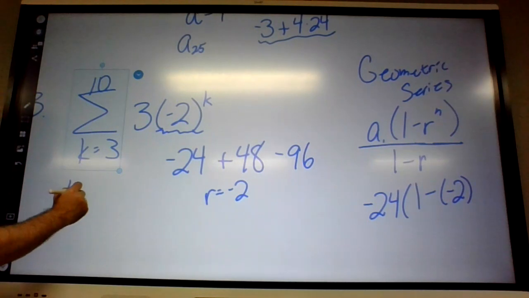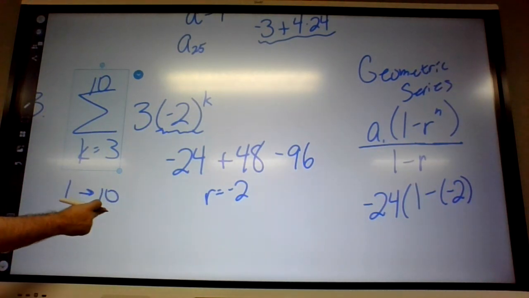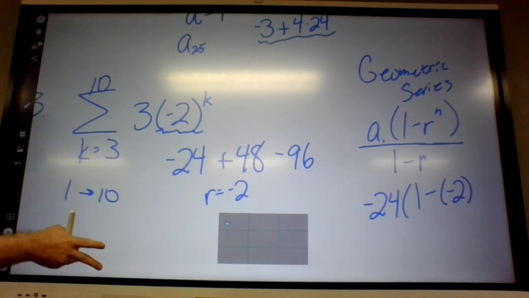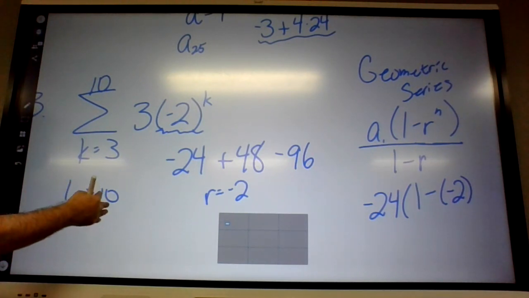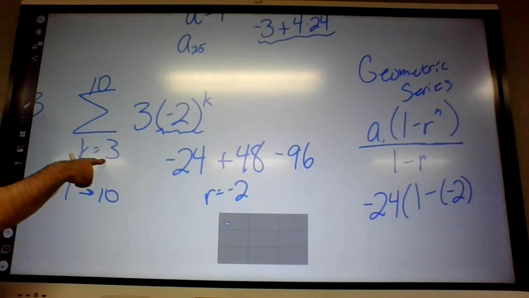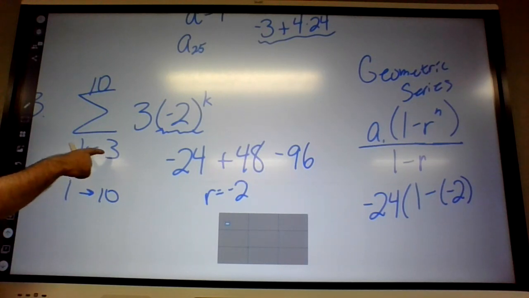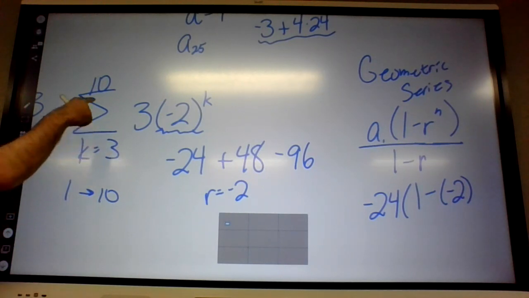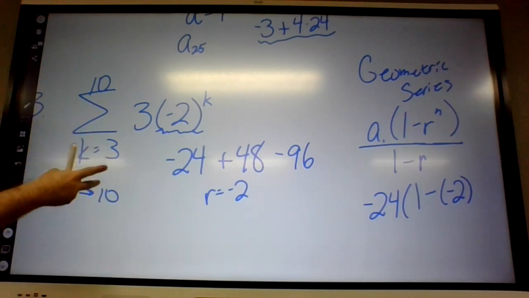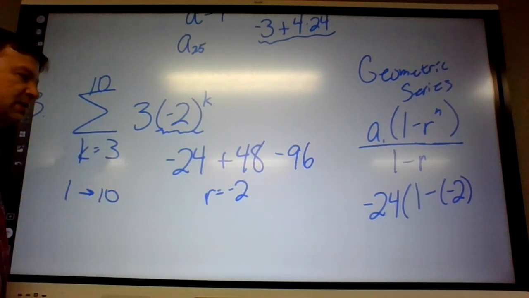Like if you're going from 1 to 10, that's not 9 terms, that's actually 10 terms: 1, 2, 3, 4, 5, 6, all the way to 10. So there's actually 8 terms from 3 to 10.